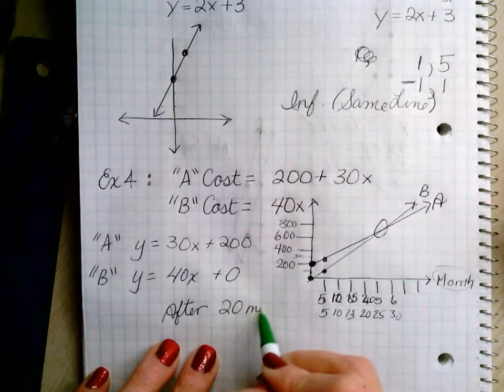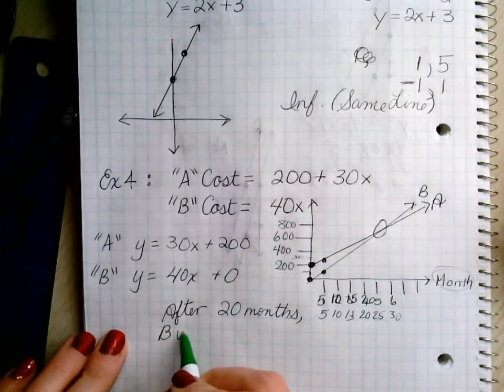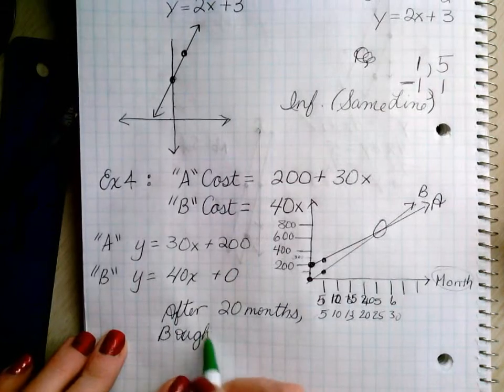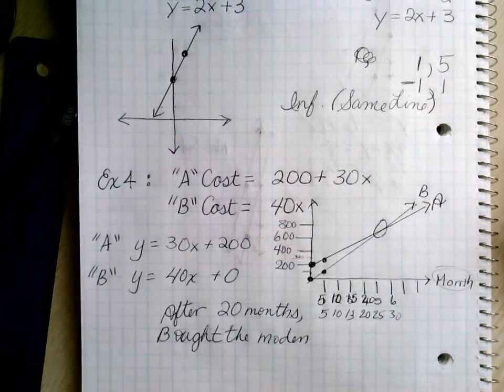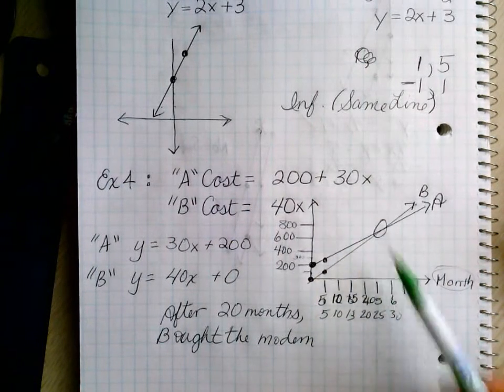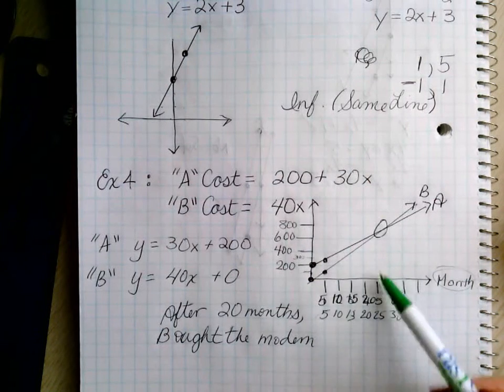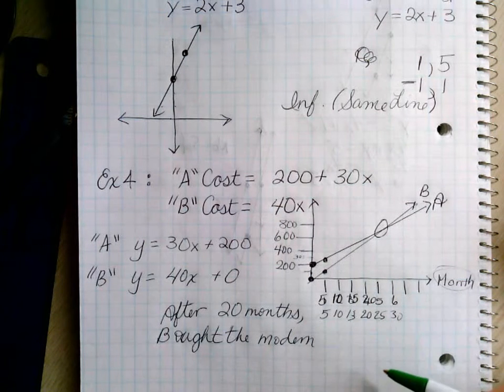After 20 months, you should have just bought the modem. Okay? So B was cheap until we got to the 20th month. 5, 10, 15, 20. Okay? It's weird. Okay? That's the idea.